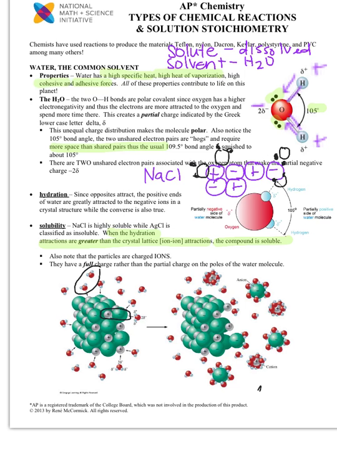And the last attraction is between a water molecule and a charged ion. Ion-to-ion attractions, as seen here, are called crystal lattice attractions. Attractions between water molecules and ions are called hydration attractions.